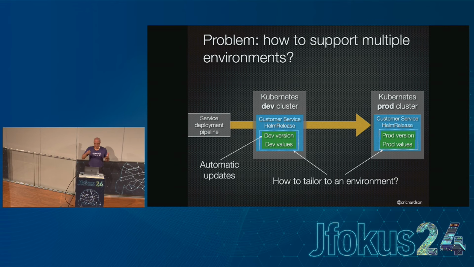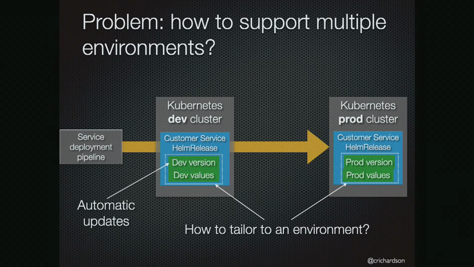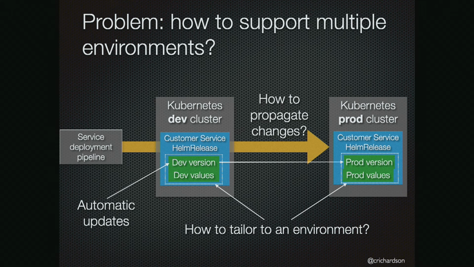Each Helm chart will have a different version, one in dev, one in prod. There will be values that are different in each environment. And also, once you've successfully deployed a new version in dev, you want to update prod with that new version. How do you propagate that change in a fairly straightforward and reliable way?